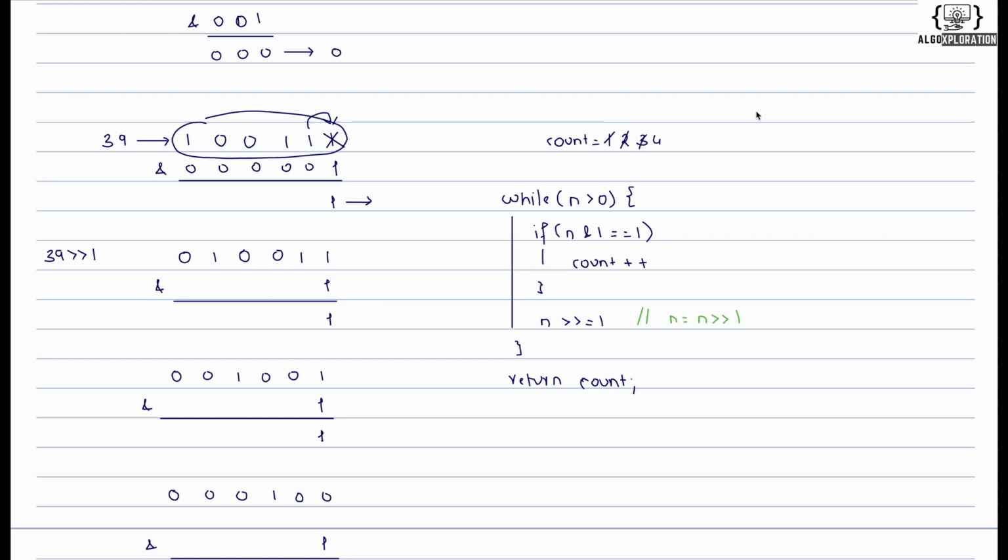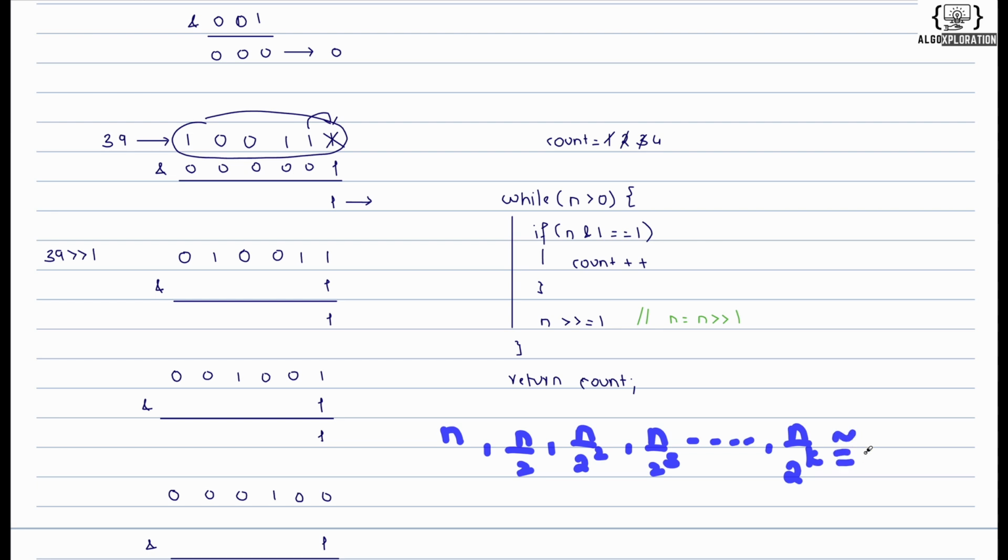Okay, so let's talk about the time complexity and space complexity. Here we can see that this while loop is actually running for the number of bits present here. And how can we define that? We can see that it is going for n by 2. That means initially it is n, then it is n by 2, then n by 2 raised to 2, then n by 2 raised to 3, and so on till n by 2 raised to k.